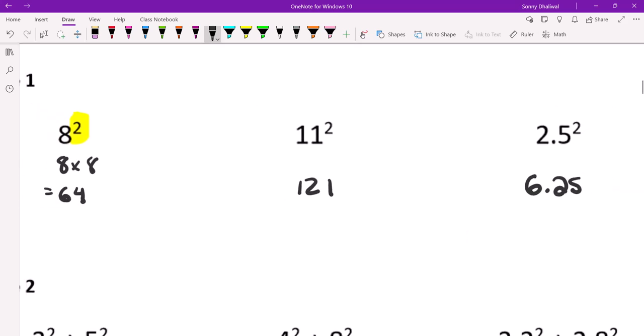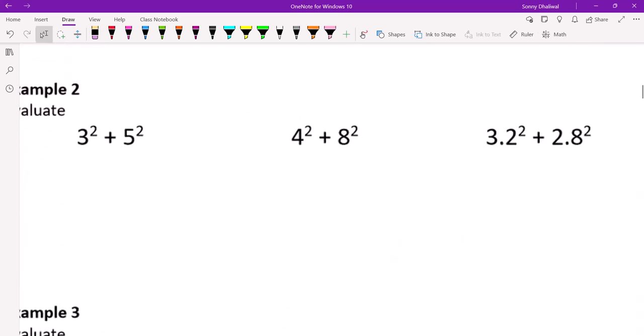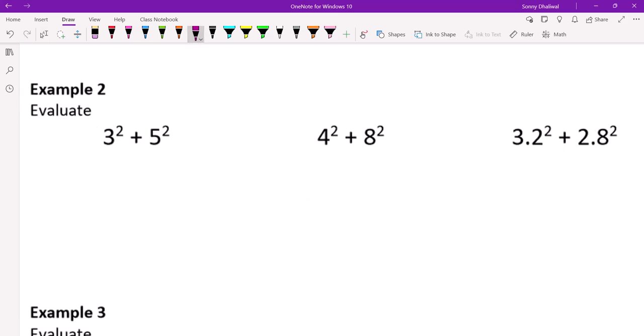Okay, so step number 1, how do you square a number? Step number 2 is what I want you to be able to do is square 2 numbers and add them. So, for example, 3 to the exponent 2 is 3 times 3, which is 9. 5 to the exponent 2 is 5 times 5, which is 25.